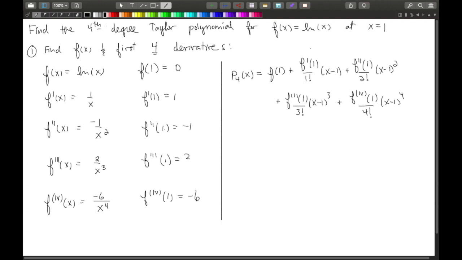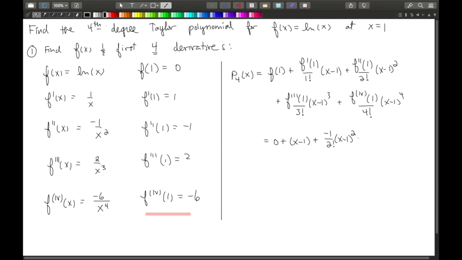In this particular case, f is ln of x, and we computed everything we need on the left-hand side and above the pink. Plugging in, f of 1 is 0 plus f prime of 1, well, that's just 1 times x minus 1. Then we're adding negative 1 over 2 factorial on x minus 1 squared.